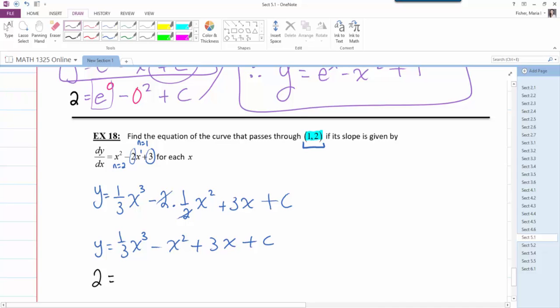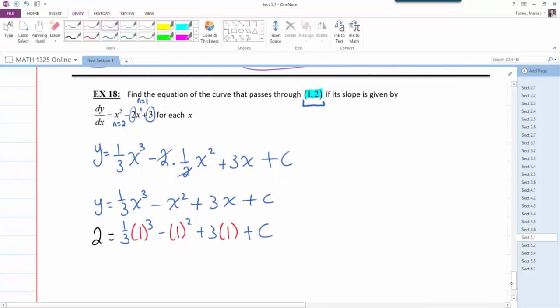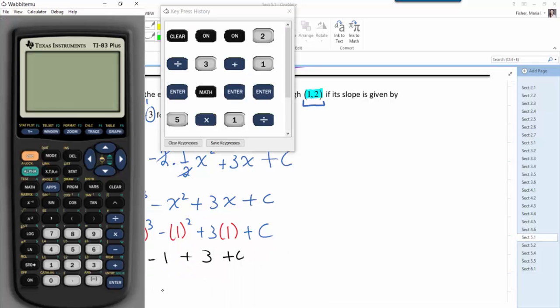So 2 is going to equal 1/3 times 1 cubed minus 1 squared plus 3 times 1 plus C. And that's enough information for us to solve for C. So I end up here with 2 is equal to, well, 1/3 times 1 cubed is just 1/3, minus 1 plus 3, plus C. We could always do that on a calculator if you need to.